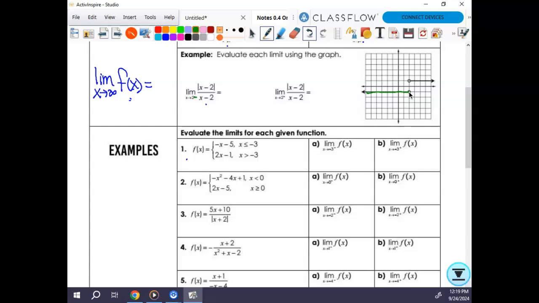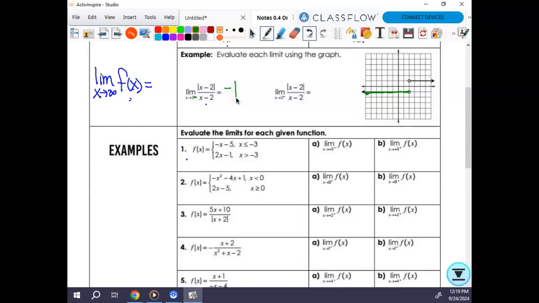And that's a weird one sometimes for some people because we're actually already there, right? I keep saying we may not actually get there. Well, we've been at -1 the whole time. But as x is approaching 2 from the left, when I get to 2, am I at -1? I'm not, because there's an open circle there, right? But I'm approaching it. So the limit is -1.